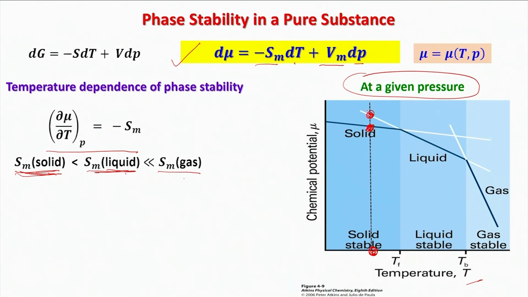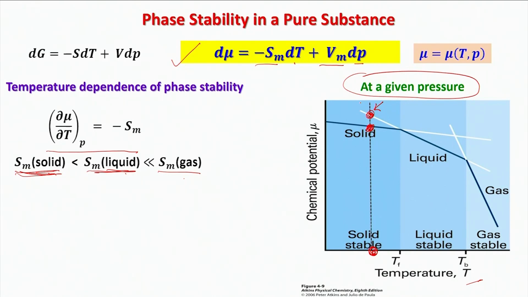With the slightest perturbation, this supercooled liquid will irreversibly freeze into the solid at that temperature. Why is that so? That is because I see here that the chemical potential of the liquid curve, which I have extended over here, the chemical potential of the liquid is higher than the chemical potential of the solid.